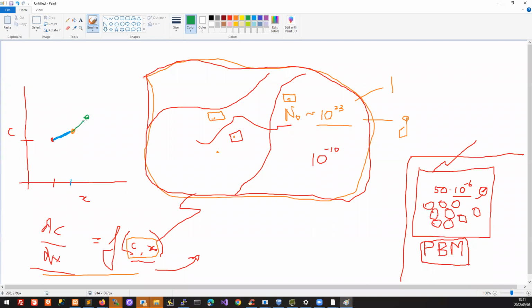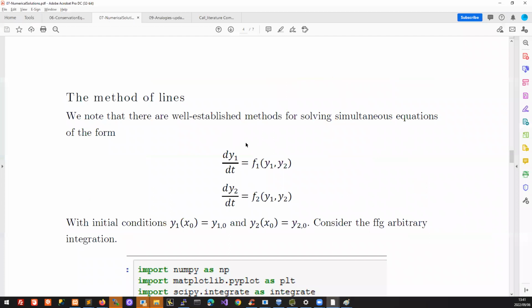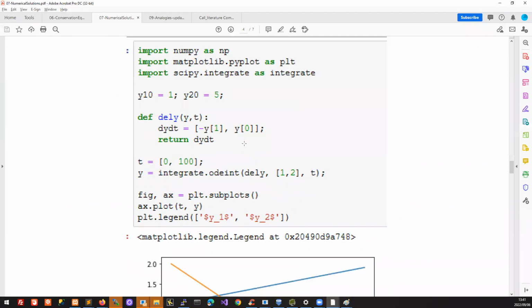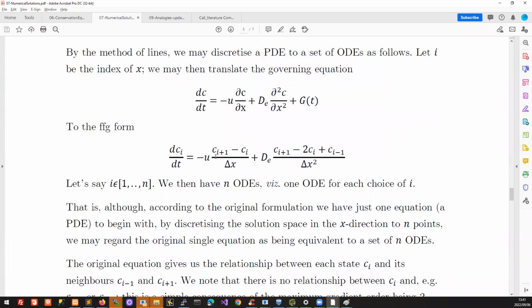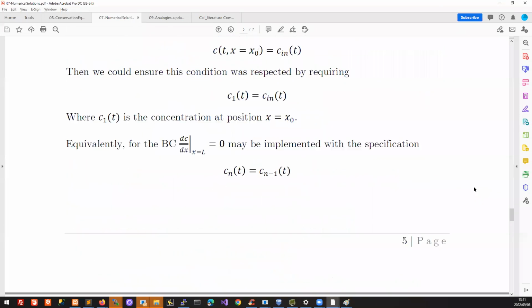And then we step forward again. And so we keep doing this, right? We reach a new point, stick it in, and that gives us a gradient. We step forward along that gradient, and we keep doing that until we get a solution. So we get a solution that tells us how the concentration is changing along the x direction. And so you can repeatedly do that. You just step forward using this kind of approach.